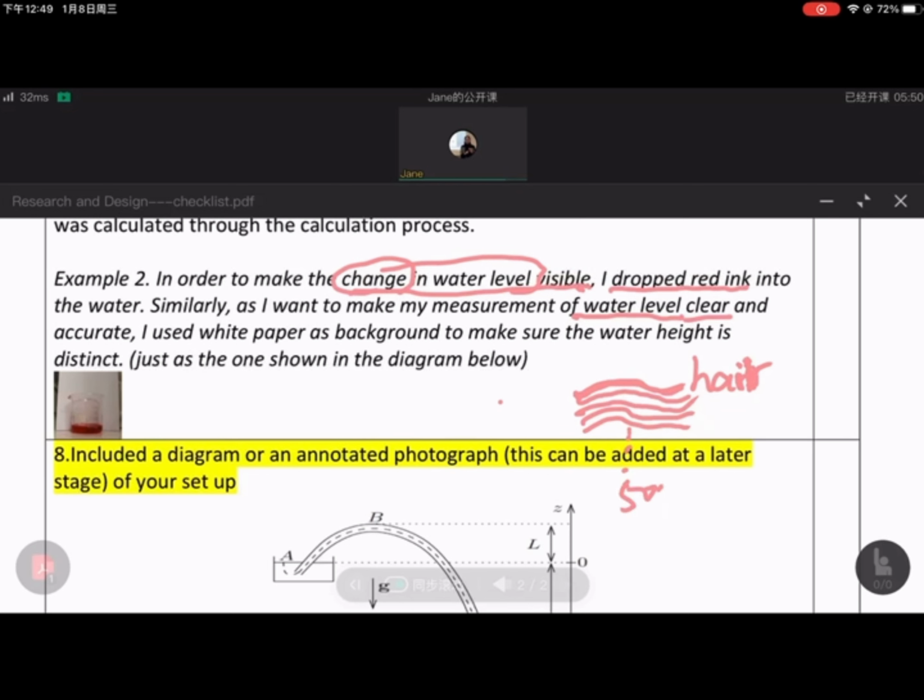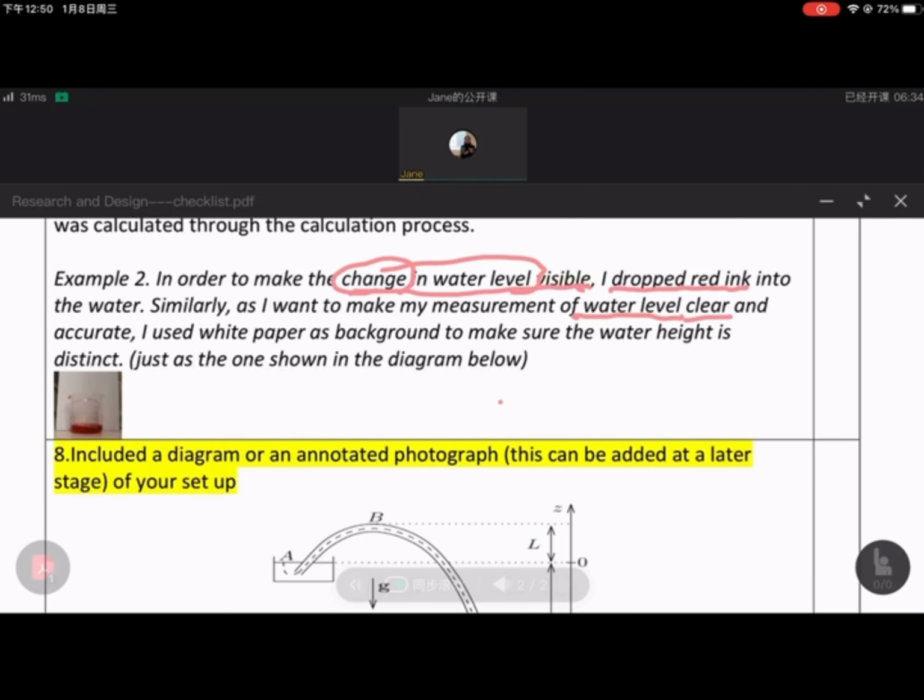And then you measure the diameter of this bunch of 50 hairs, the diameter of the hair here from A to B, and then you divide it by 50, okay, to get the average value of the diameter of your hair. So that's what we call the multiple strategy, which can be used in a lot of measurements of very small quantities. And these are examples of how you include some actions and steps and show the examiner that you have considered the uncertainty in your design.